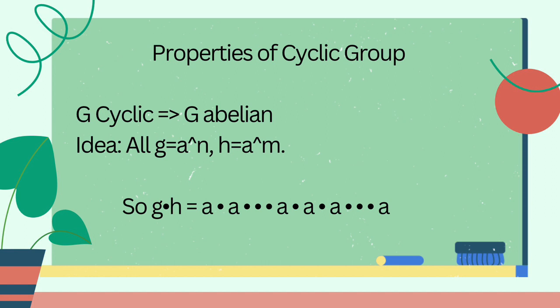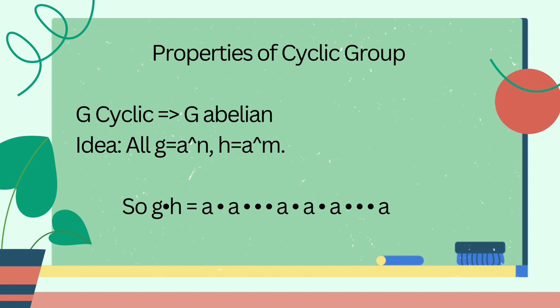All elements in a cyclic group are powers of a single element called the generator. So any g and h that I pick out of the group are going to be a to some power. Maybe g is a to the n, h is a to the m.